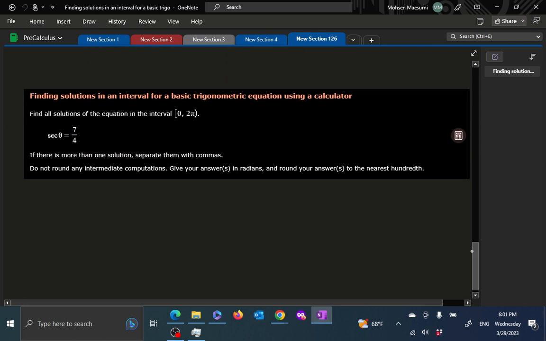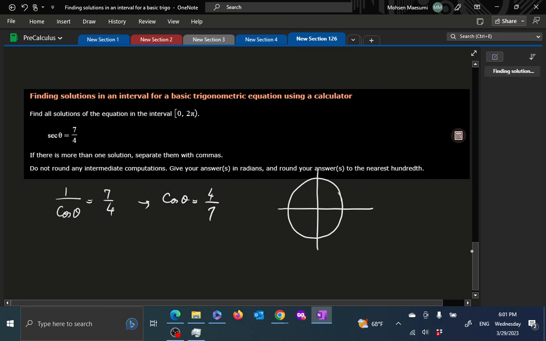Secant being 7/4 is not any famous ratio. So we go with the following. Secant is 1 over cosine. So cosine has to be 4 over 7. We flip both sides. Again, this is not any recognizable number. To get an idea, 4/7 is slightly more than a half.